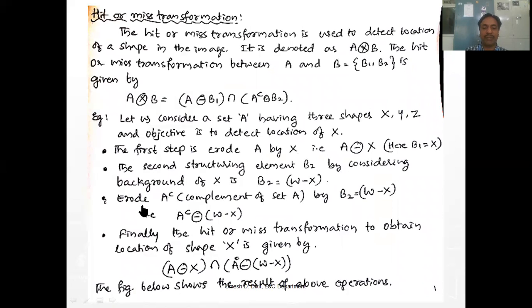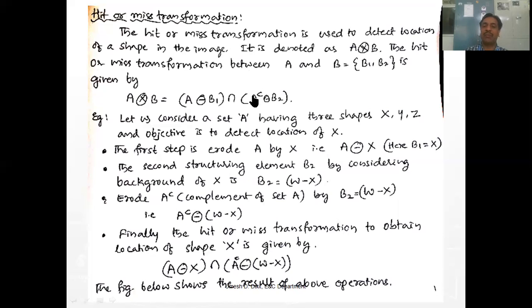We erode the complement of A by B2. The first step is to apply the erosion operation between A and B1, where B1 is the shape or object whose location is to be found.